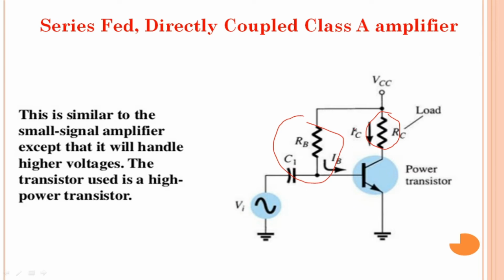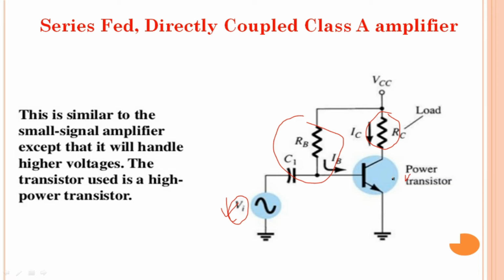This is the simple circuit diagram. Now this circuit is the same as that of your small signal amplifier. The only difference is that in a small signal amplifier the input voltage is low, and in the class A amplifier the input voltage is high. We apply the high voltage here, and instead of the simple transistor we use a power transistor.